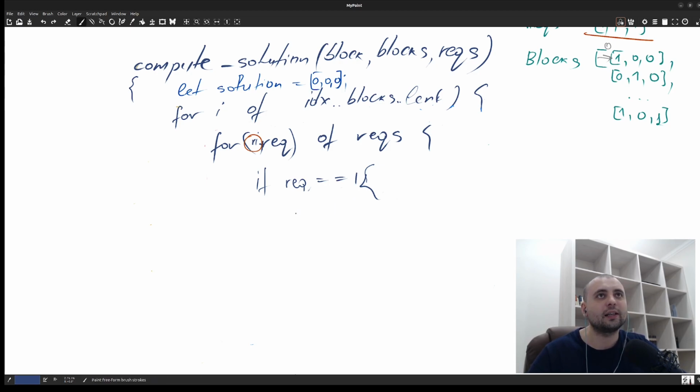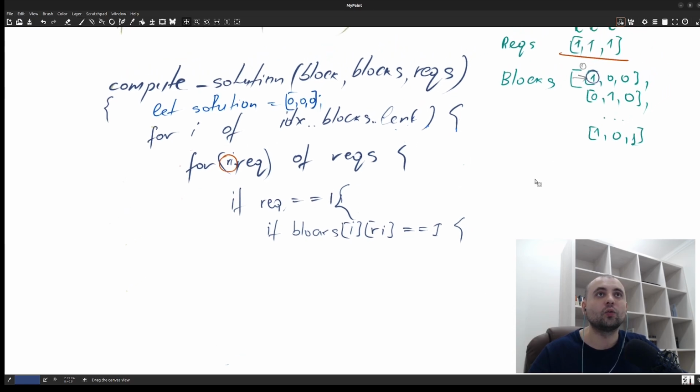So first, let's try to find a 1 in our requirements. So we'll do an if the blocks of I, because I is our index here, of requirement index equal 1. So if we found a 1 in our requirement, so we found 1 at the position 0, it's a 1, then we found that to be a school.